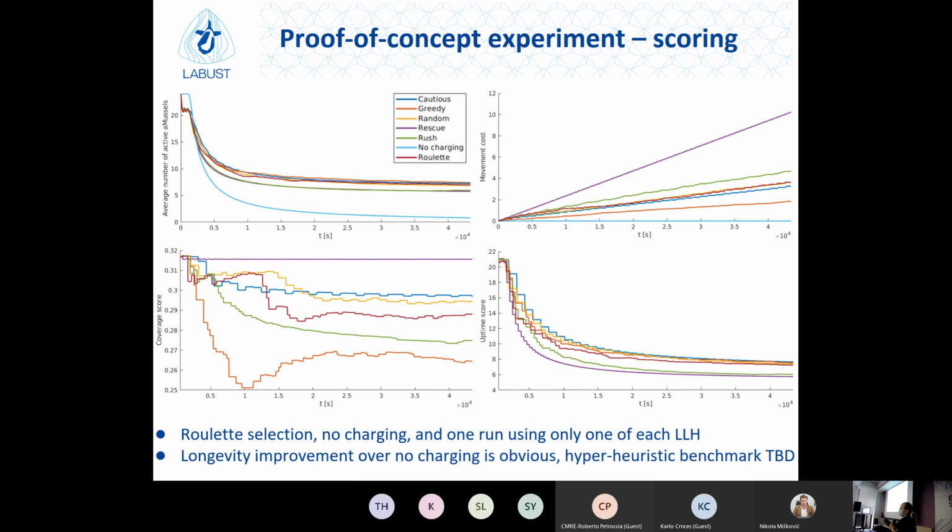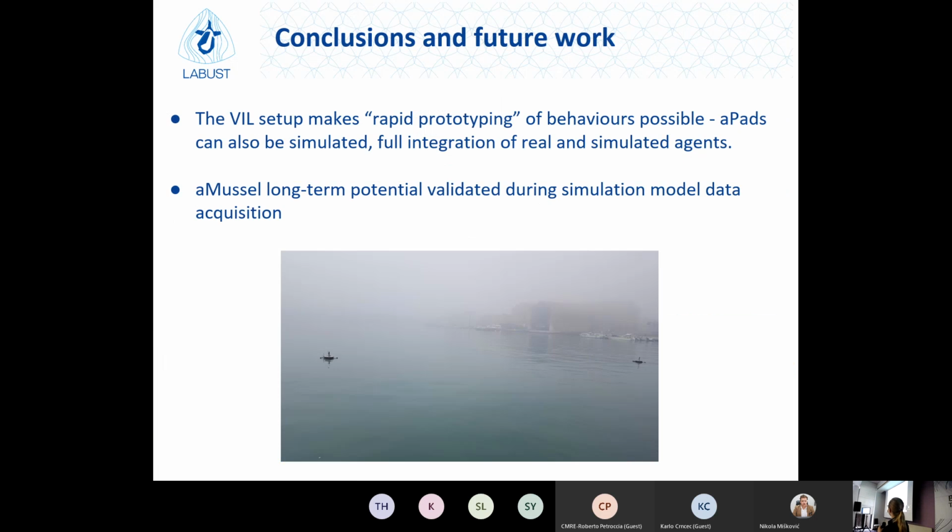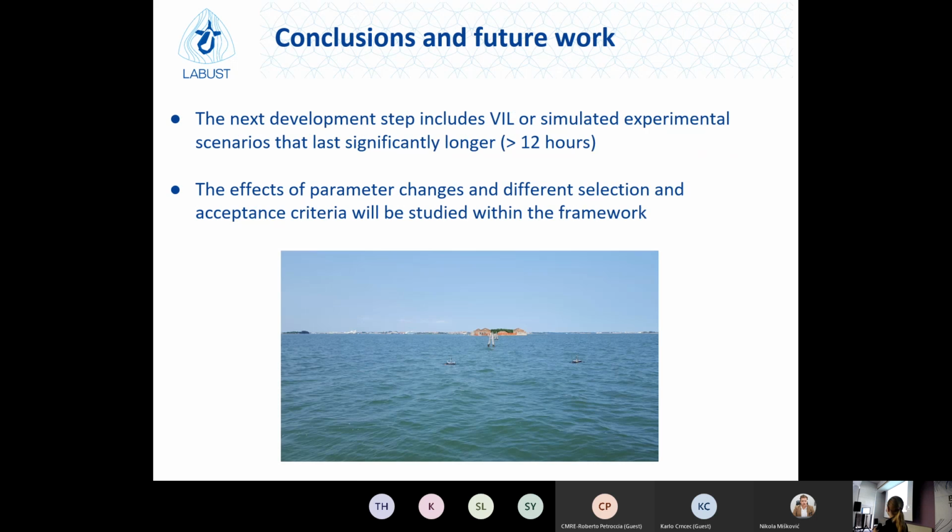But of course, the actual interactions and differences between these methods still need to be properly statistically analyzed. So this is just a rundown of some future work, which includes these rapid prototyping sorts of experiments, more rounds of these simulations with aMussels that do not in fact need to be actual agents.